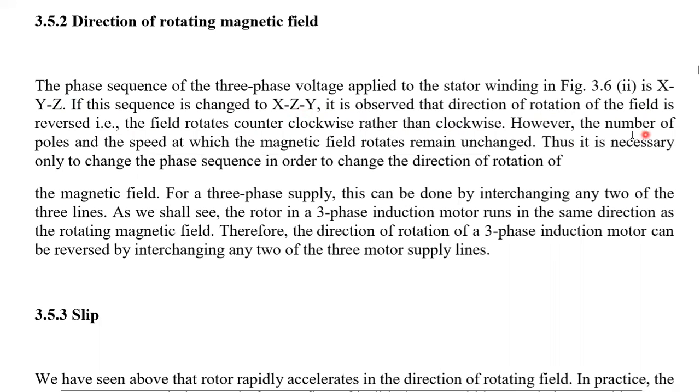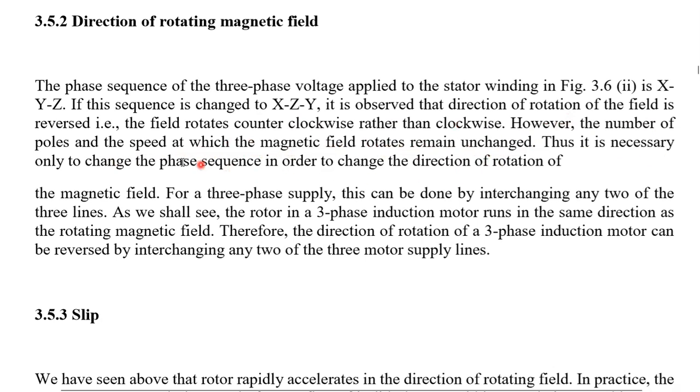However, the number of poles and the speed at which the magnetic field rotates remain unchanged. That means the number of poles is not changing, and the speed of the rotating magnetic field is also not changing, even though the phase sequence changes from XYZ to XZY. The frequency, poles and speed remain the same.